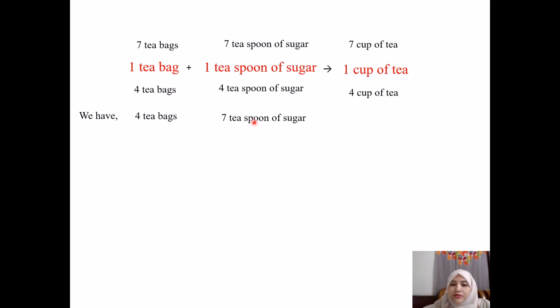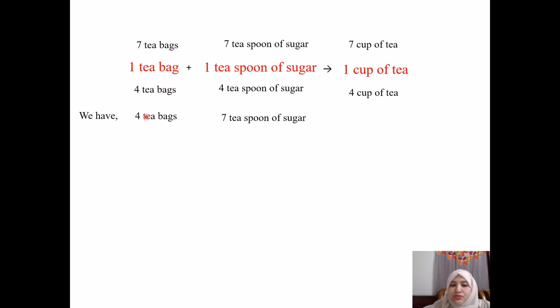But for the second case, for making 7 cups of tea, our sugar is available, 7 teaspoons, but 7 tea bags are not available in our ingredients.